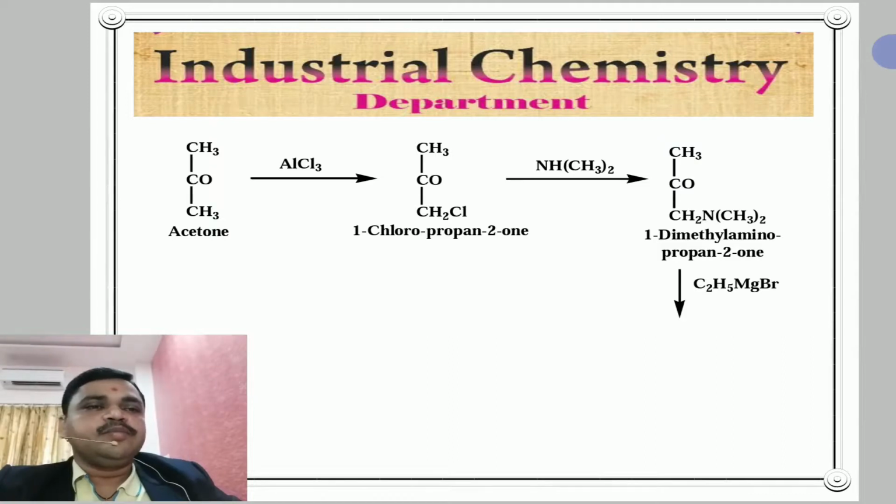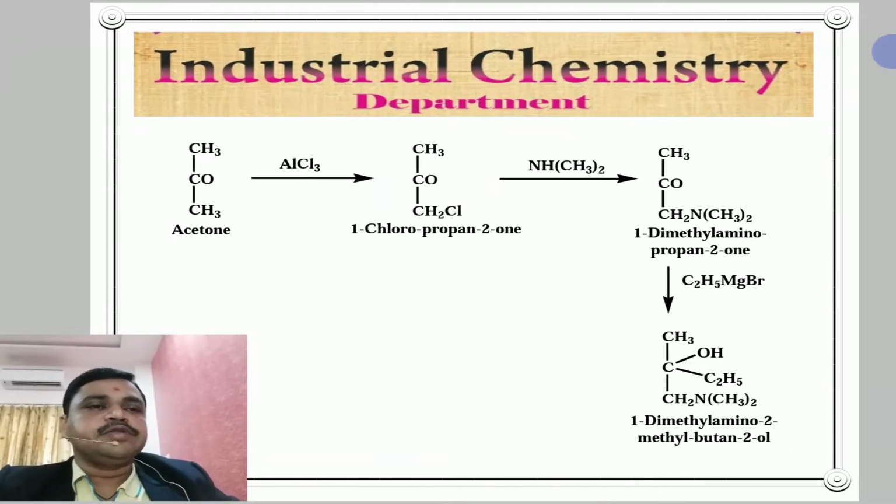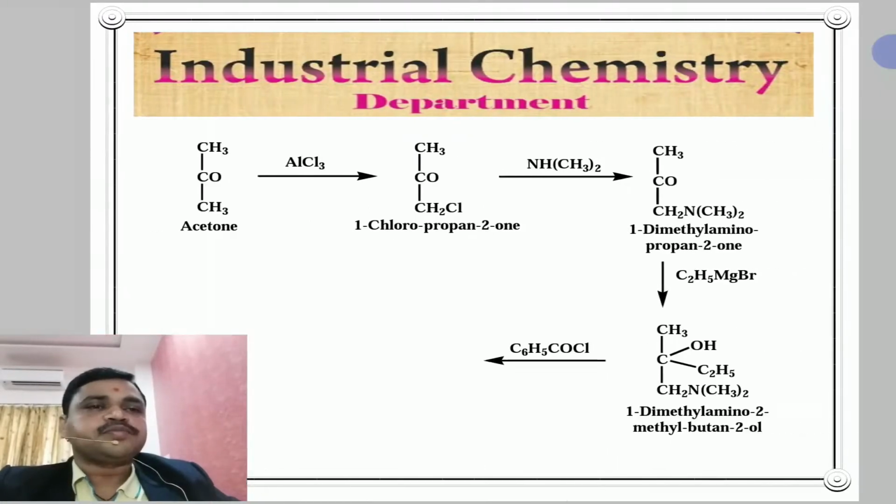So 1-dimethylaminopropan-2-one treated with ethyl magnesium bromide gives 1-dimethylamino-2-methylbutan-2-ol. I repeat the name: 1-dimethylamino-2-methylbutan-2-ol.